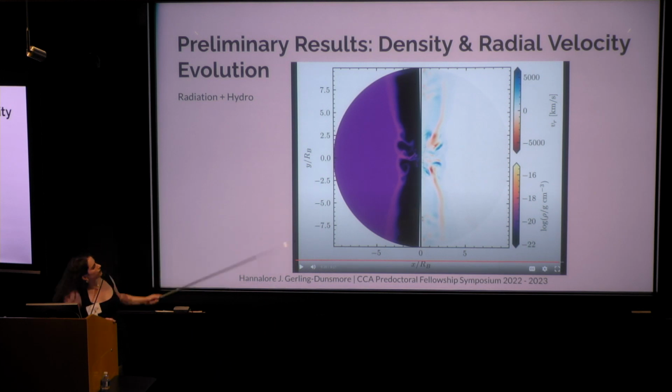Now I want to quickly turn your attention to this density plot. As this is evolving, this might look a little familiar to some of you: it's developing these tendrils that are really reminiscent of the Rayleigh-Taylor instability. And in fact, people have found you can get Rayleigh-Taylor developing in the presence of, and due to, radiation, such as Jacquet and Krumholz, 2011, and Blaes and Socrates, 2003.